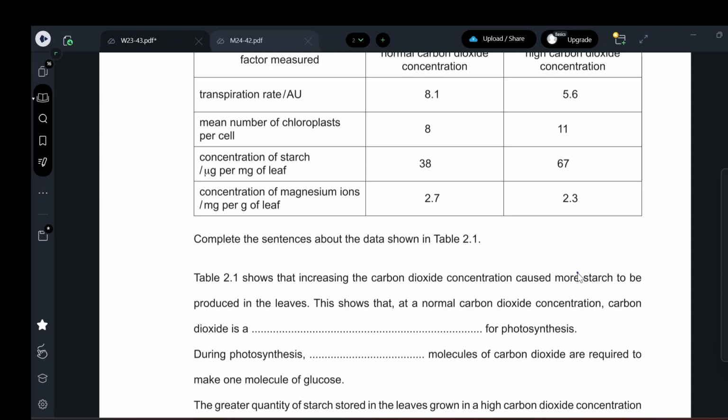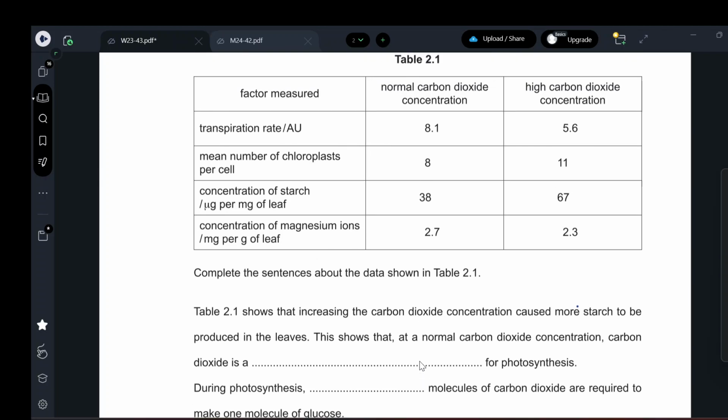Increasing carbon dioxide concentration causes more starch to be produced in the leaves. This shows that at normal carbon dioxide concentration, carbon dioxide is a what for photosynthesis? Again, he says that when you increase carbon dioxide, more starch is released, which means that more photosynthesis occurs.